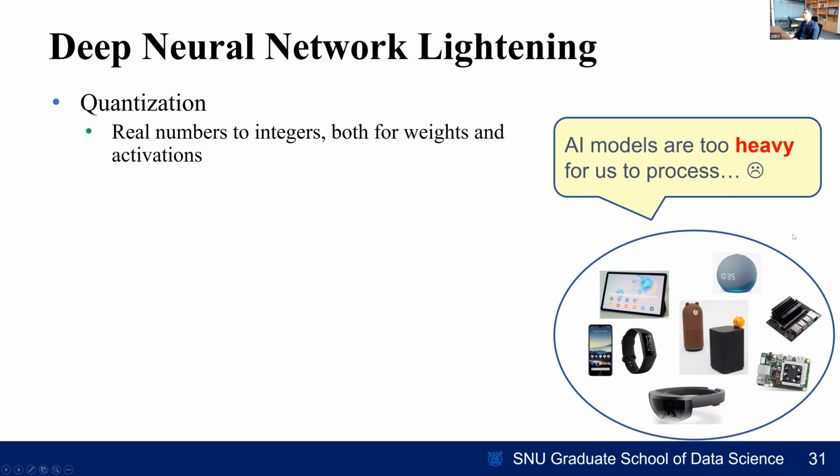Quantizing model weights and also activations from 32-bit floating point real numbers to integers. Sometimes 8-bit, sometimes 16-bit, sometimes even a binary number, only 0 or 1. Very surprisingly, even with these binarized weights and activations, the accuracy for simple tasks is not degraded. And this field has evolved significantly for the last decade.